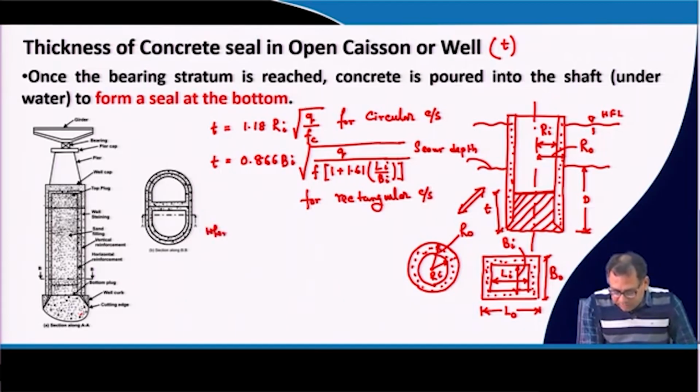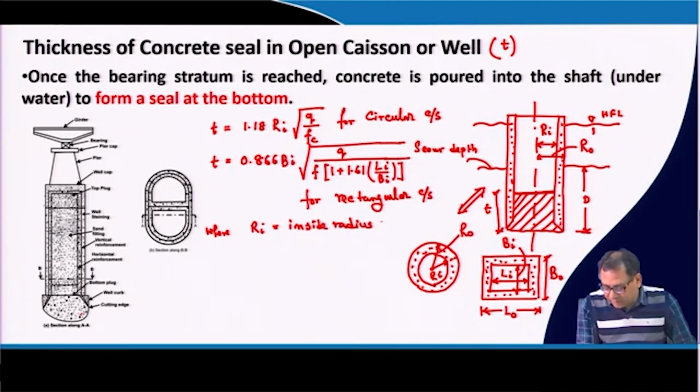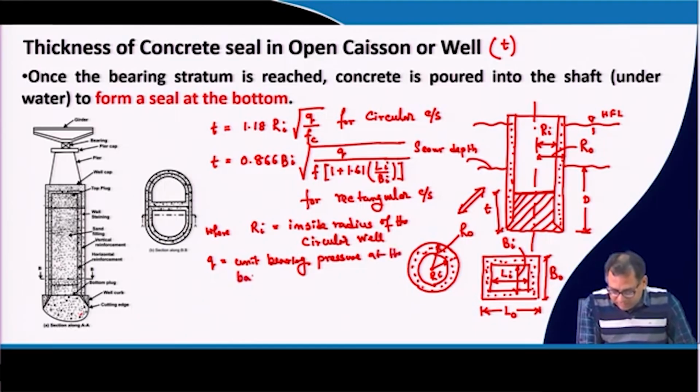Now, where R I is the inside radius of the circular OL or the cushion, Q is equal to the unit bearing pressure or unit pressure at the base of the well or cushion.